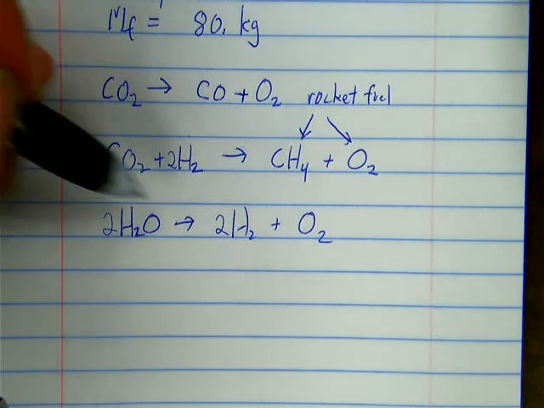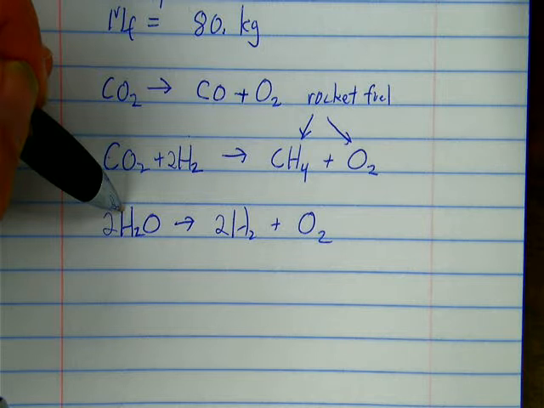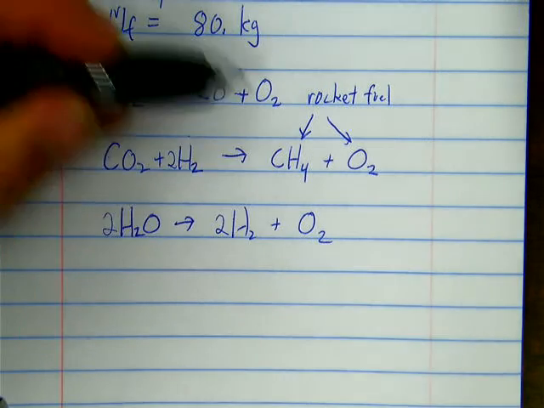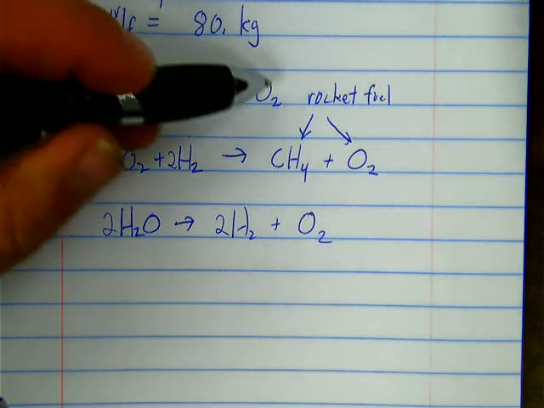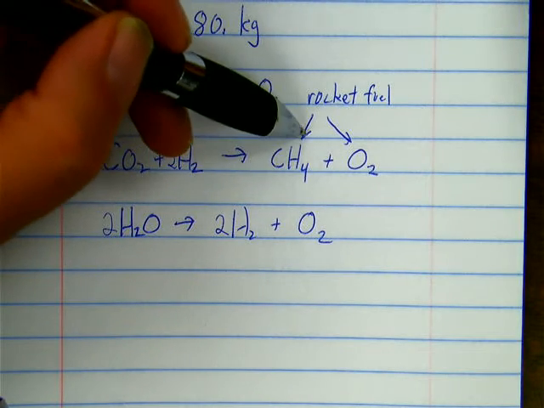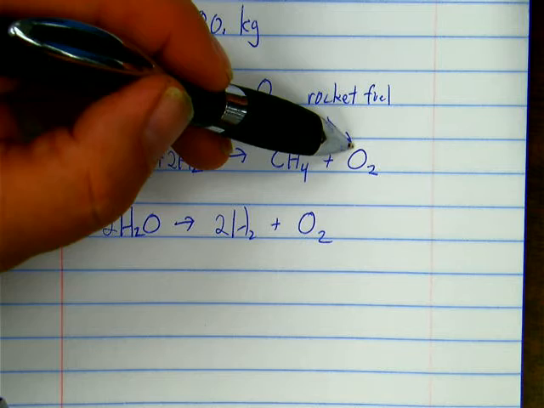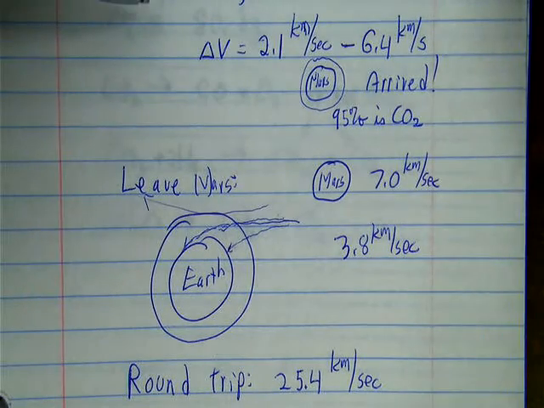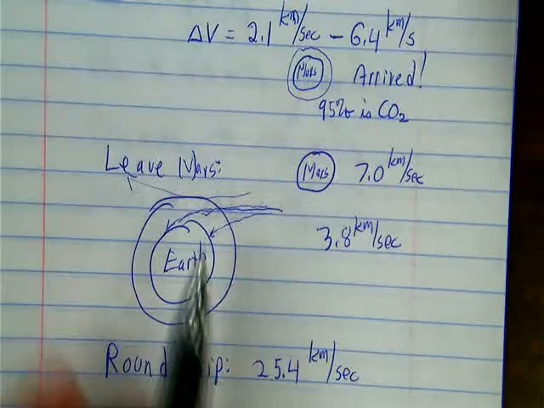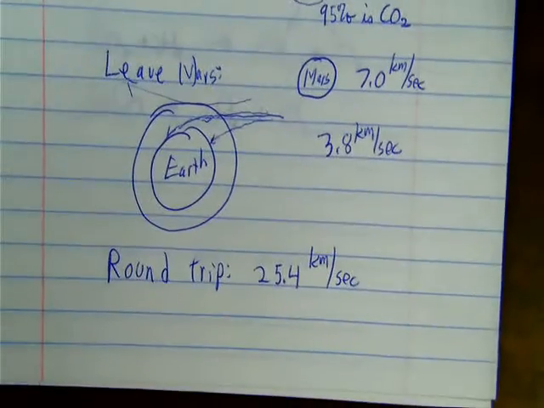So for the cost of bringing some water with you to Mars, don't drink it, you can exploit the carbon dioxide Martian atmosphere to create rocket fuel and breathable oxygen to use for the trip home. That means the delta V for the round trip to Mars breaks into two pieces.